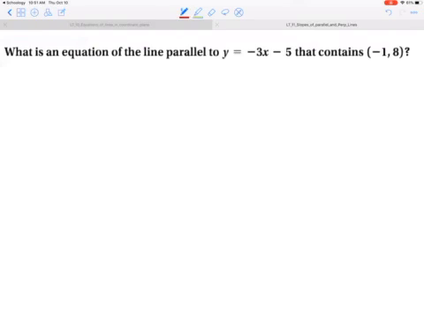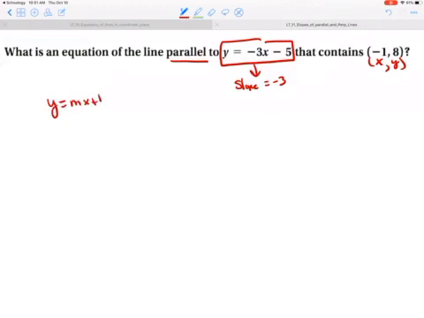Let's look at how we apply this idea of parallel lines. Write an equation of a line that is parallel to this equation, and it must contain this point, so I'll make that x, y. What I need to extract from this equation is my slope, and the slope here is -3. So I'm going to use my slope of -3 and my point in y equals mx plus b.